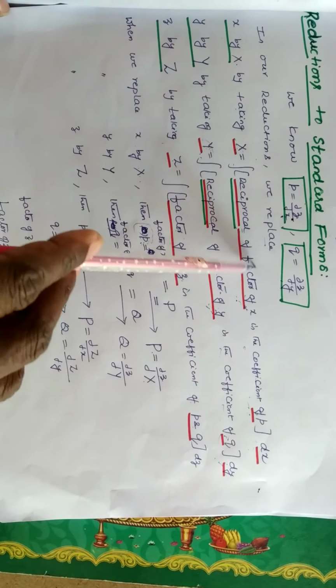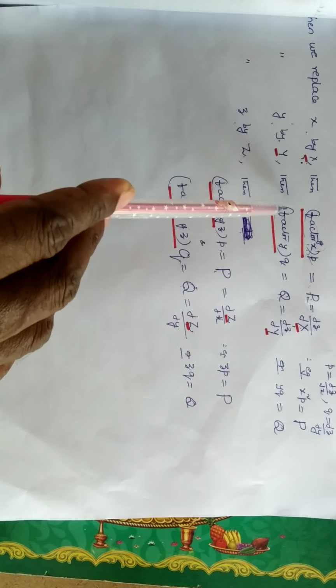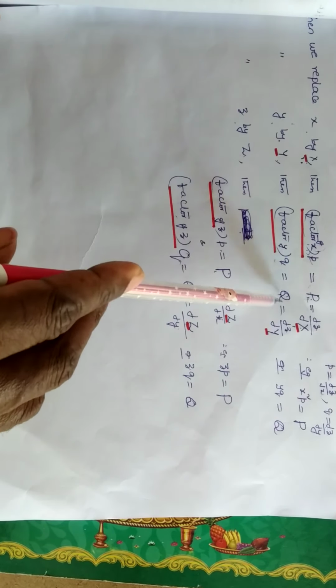Now, we discuss clearly about the consideration of capital X. After considering capital X in terms of small x, then the factor of x into small p is changed to capital P, and the factor of y into q is changed to capital Q. What is the difference between small p and capital P?